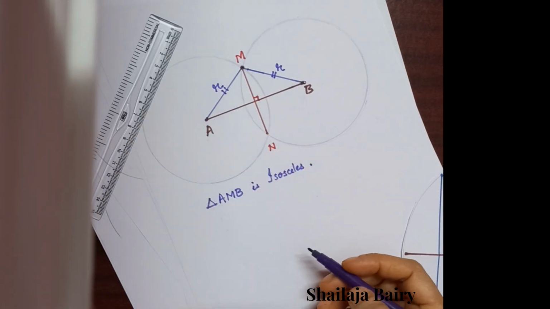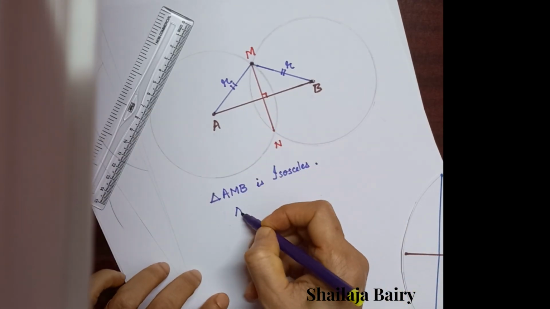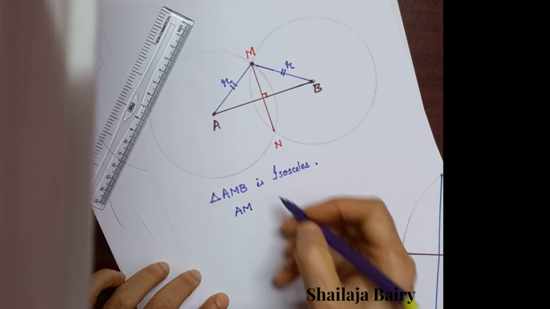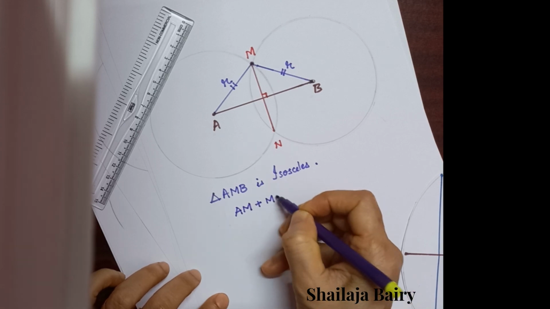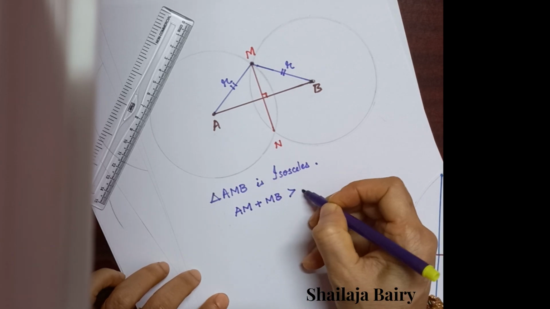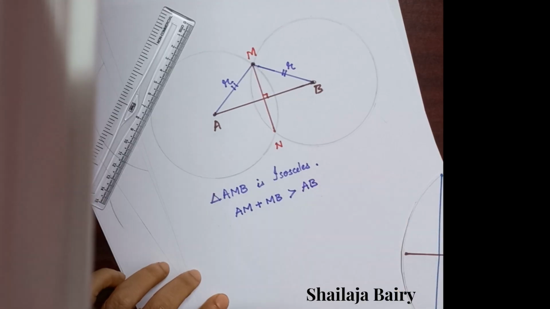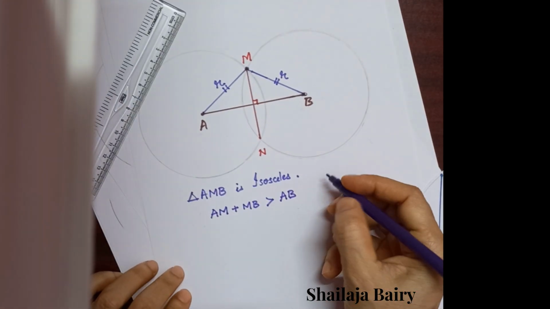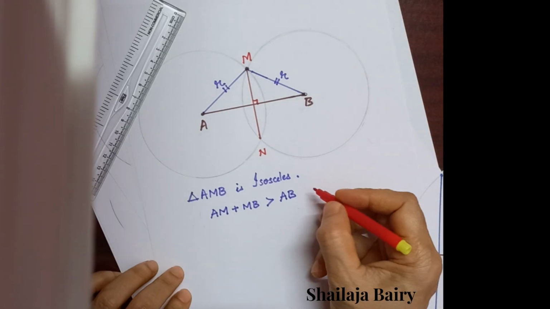So we know that AM plus MB is greater than AB by the triangle inequality property.